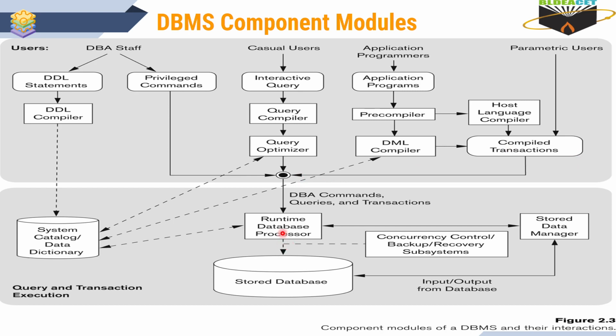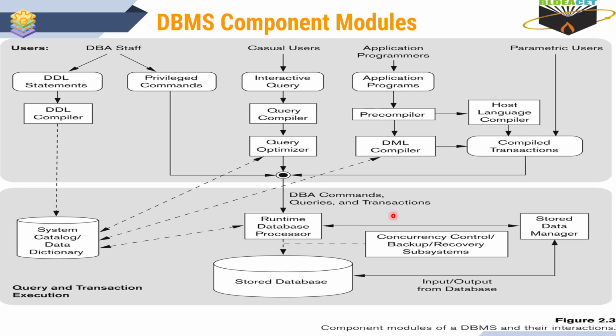In the lower part you have the runtime database processor. The work of the runtime database processor is related to the DBA commands, that is, the execution of privileged commands, and it executes the executable query plans generated by casual users, and canned transactions with the runtime parameters.